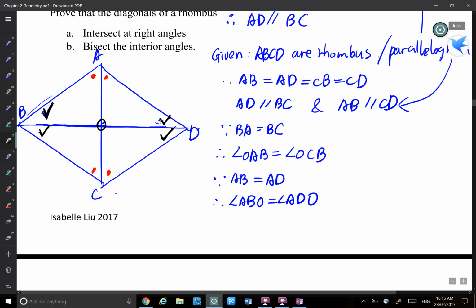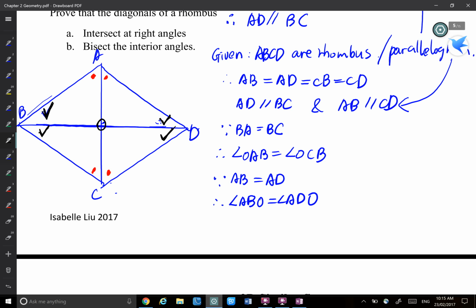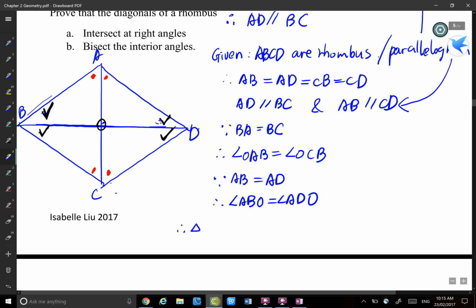And can you see that for all four of these triangles, they all have the same two angles and they all have the same side, the hypotenuse, which is AB, AD, BC, and CD. So you prove that triangle OAB is congruent to triangle OAD, congruent to triangle OCB, congruent to triangle OCD, because of AAS.